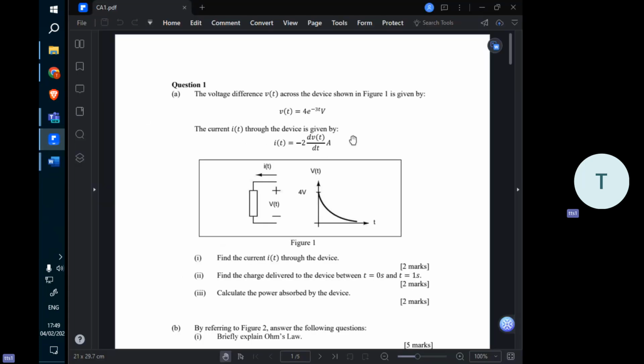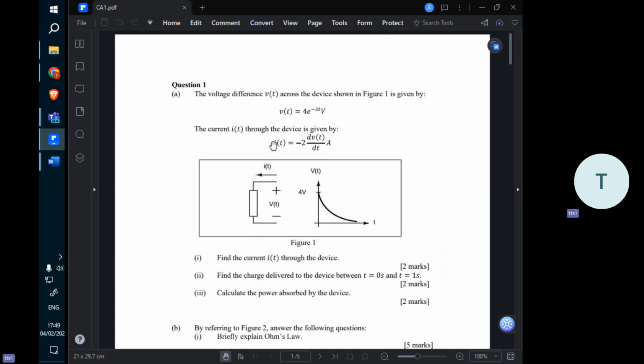So if you look at the question 1A, you're given the voltage as a function of time and the current as a function of time. Okay, we have this exponential function and this is d/dt. You need to take the derivative of the voltage function. So the first part asks for the current i(t).